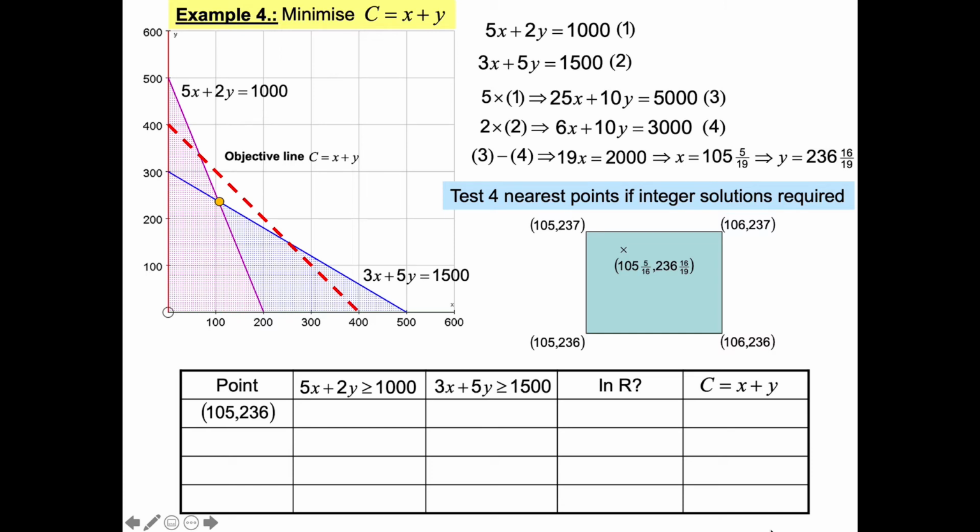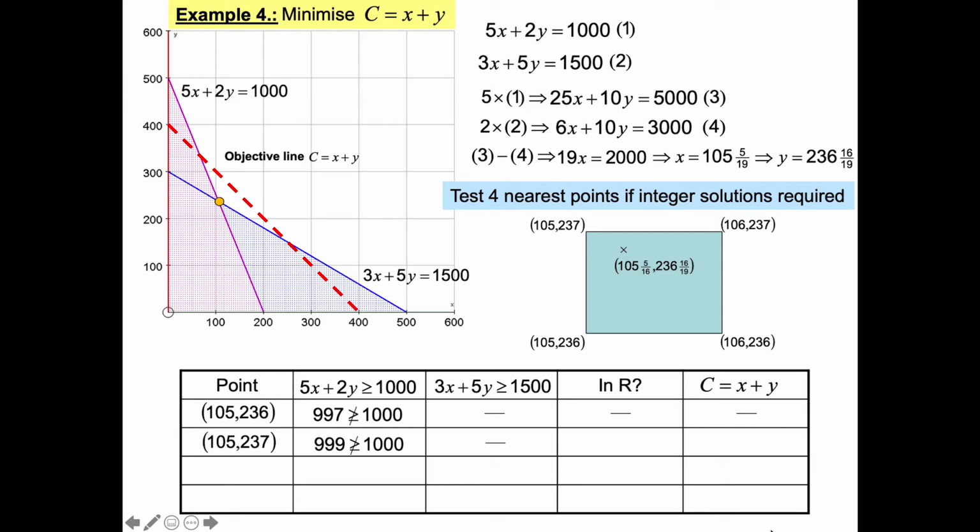So look at the first one. If you plug it in, then you find that 997 is not greater than or equal to 1000. That means in this case you don't even have to check the rest of the constraints, because you simply know that it's not in the feasible region. That's why it's not the point you look for, because it's out. Then the next one is 105 and 237.